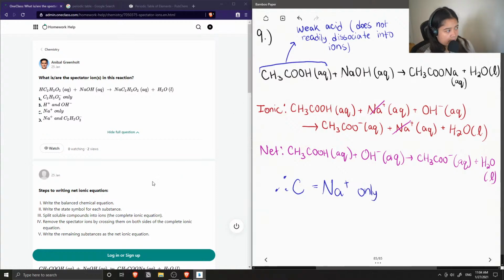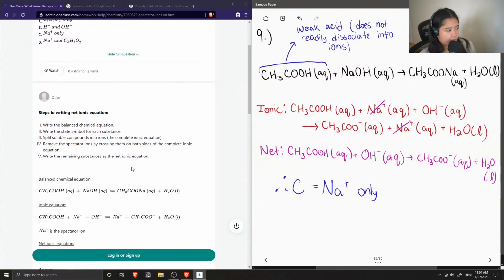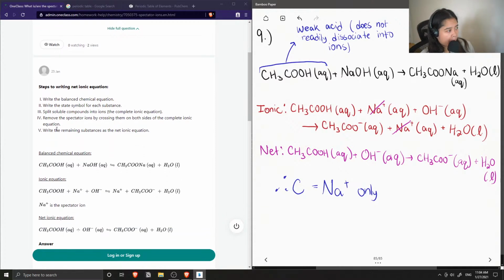Okay, so now let's see what the junior tutor said. Steps to writing the net ionic equation. Step 1 is to write the balanced chemical equation. Step 2 is to write the state symbol for each substance. Step 3 is to split soluble compounds into ions. Step 4 is remove spectator ions by crossing them off on both sides of the complete ionic equation.